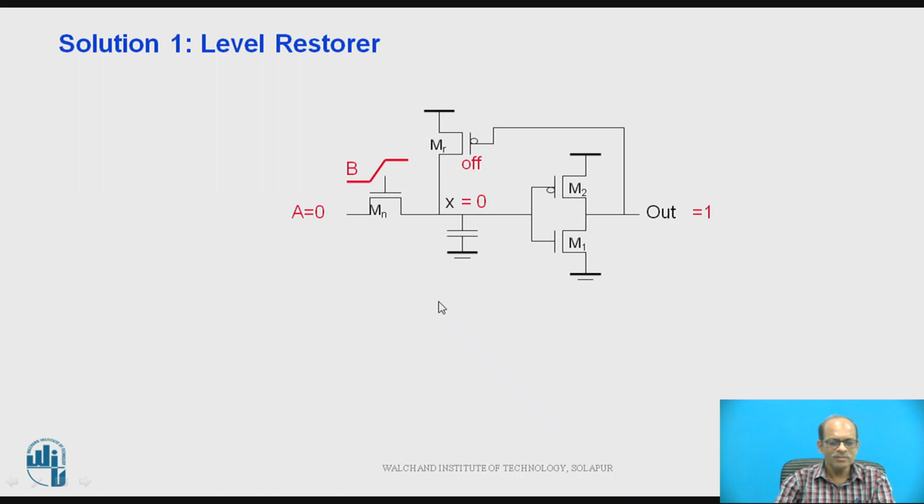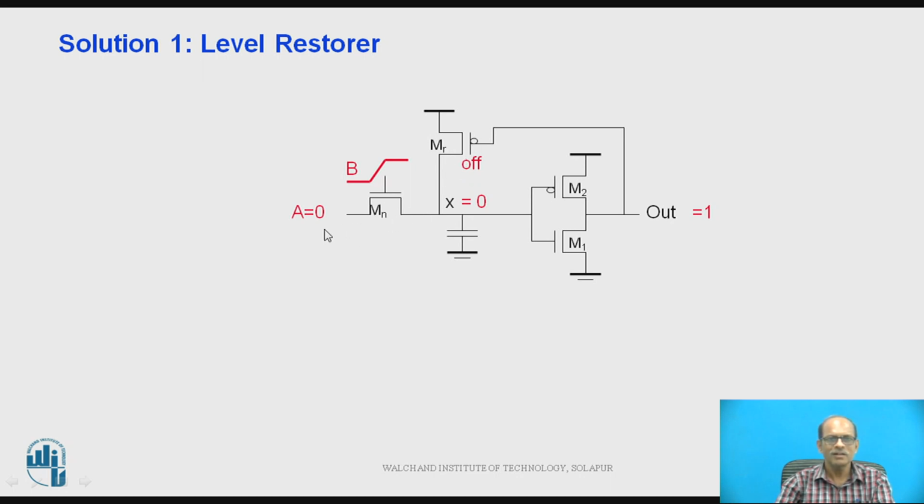For pass transistor logic, the main problem is that the full voltage swing at the output of this NMOS is not available, and therefore there is static power dissipation across the pass transistors. To overcome this problem, a level restorer transistor MR is connected as shown in the figure.